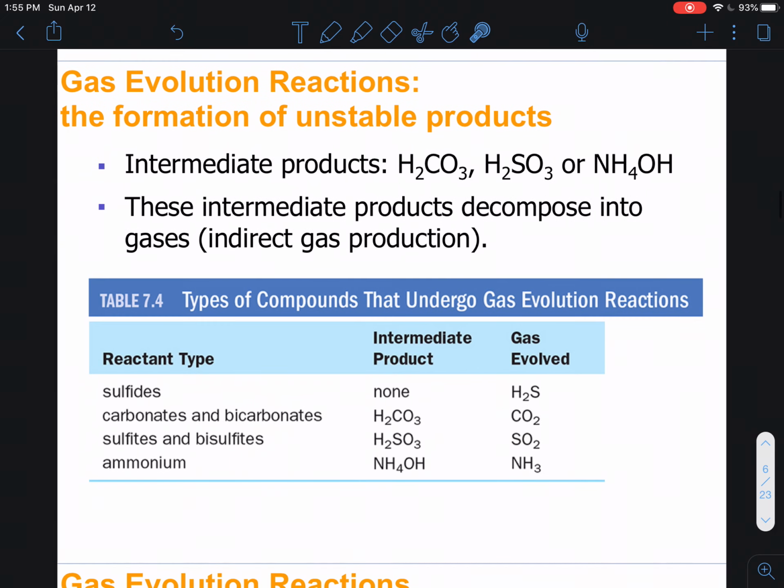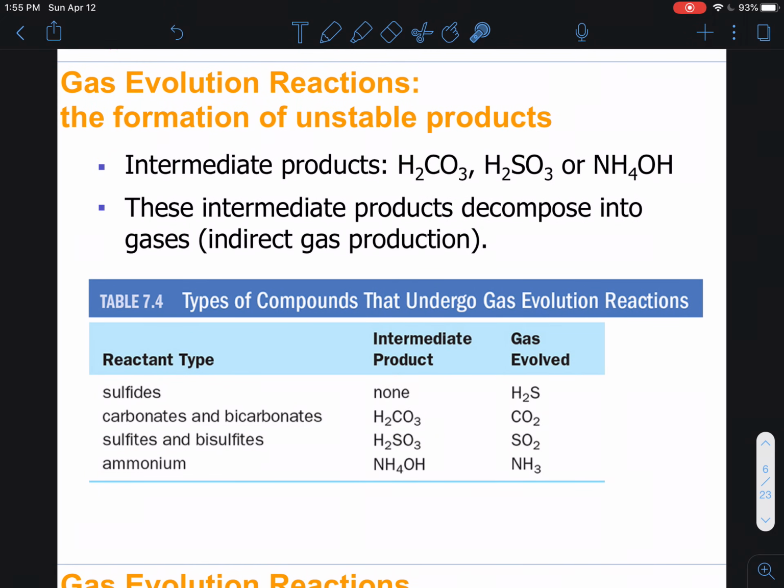All right, so this brings us to gas-evolving reactions. Gas-evolving reactions occur when we react something with something else, and the product that initially is formed is unstable. How would you know that it's unstable? Well, you would know it because I'm telling it to you. These are the products that are unstable: NH4OH, H2SO3, and H2CO3.